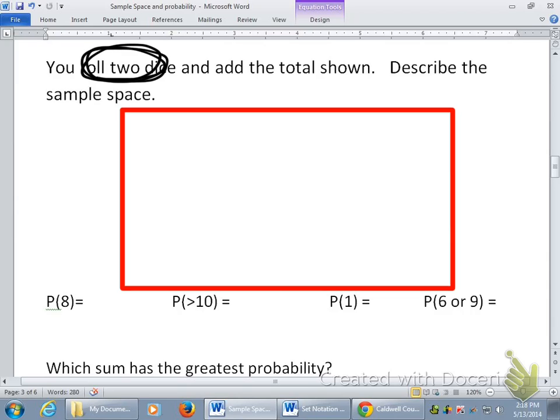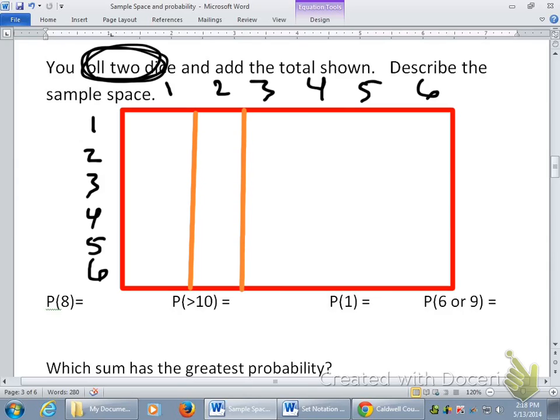If you have 2 events, a table works out well because you've got a length and a width, right? So if my first dice was a 1, 2, 3, 4, a 5, or a 6, then the second dice could also be a 1, 2, 3, 4, 5, and a 6. And it would be very easy, hopefully, to establish all of the sums by creating a table.